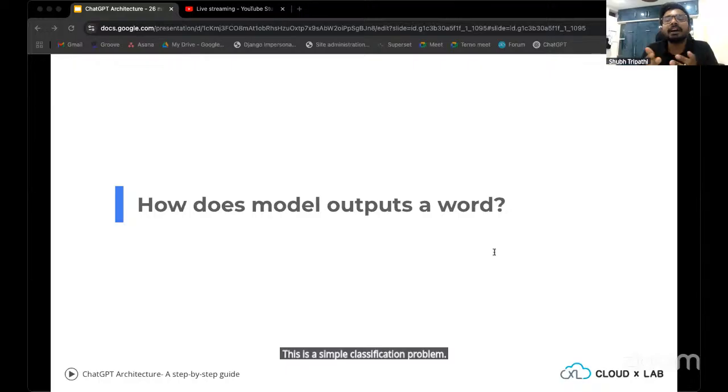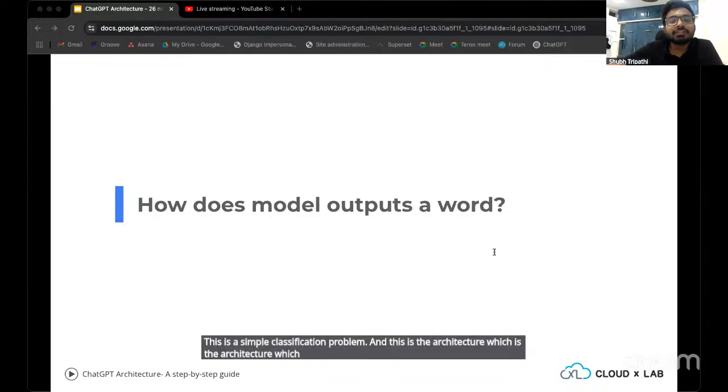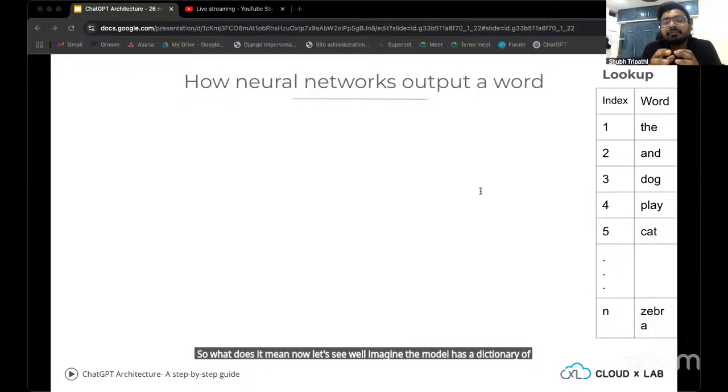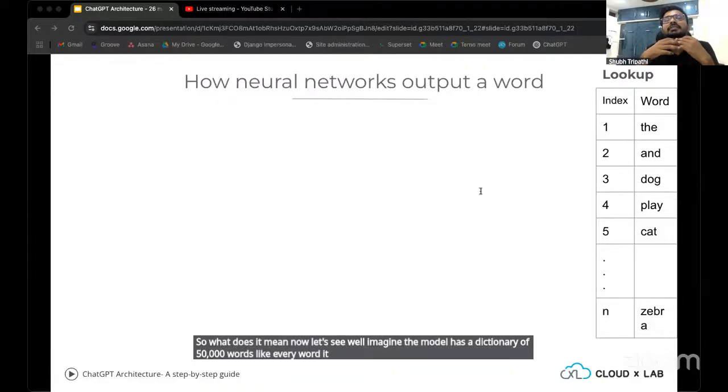And this is the architecture it actually uses to choose the word. So what does it mean? Imagine the model has a dictionary of 50,000 words, every word it has ever learned. For us, the dictionary is too wide, but suppose we give the machine only 50,000 words, and for the model, only these words exist.